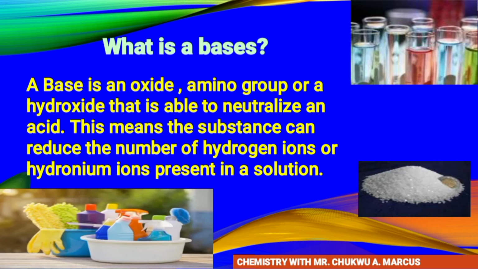It can reduce the number of hydrogen ions or hydronium ions, but it will not possess the two major chemical properties of a base, and it is not included as an oxide, an amino group or a hydroxide. I hope you get me on that. So if it is an oxide, an amino group or a hydroxide that is capable of reducing or neutralizing the hydrogen ion in an acid, then we call it a base.